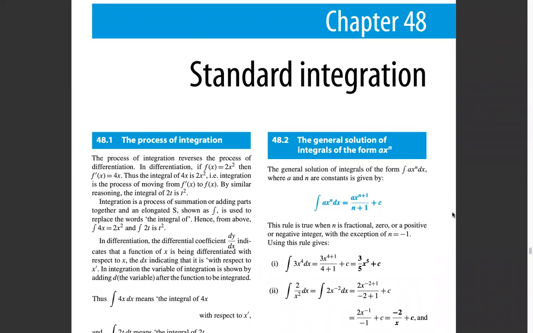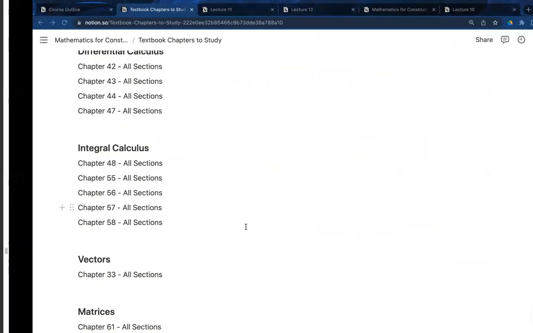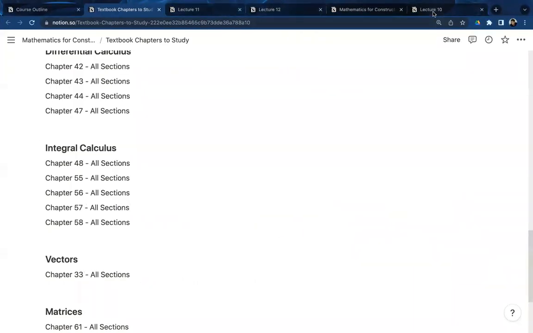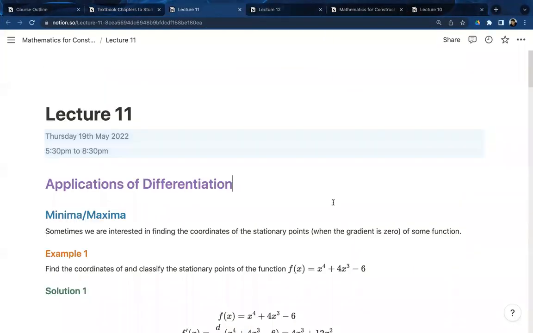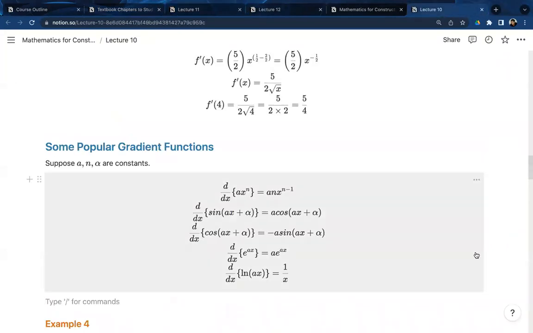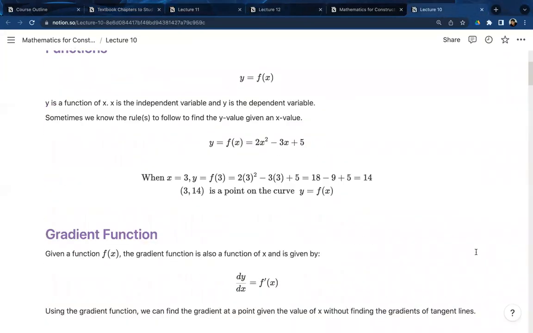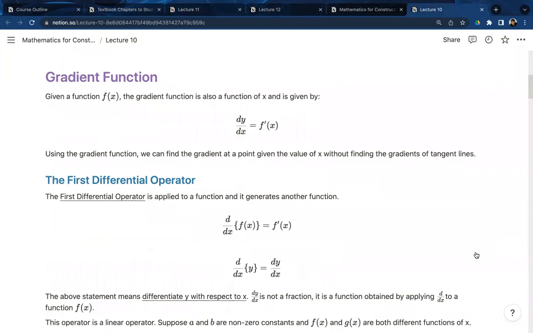At this level, it's very useful to look at integration as the reverse process of differentiation. What was differentiation again, if you all remember? Differentiation was finding the gradient function.